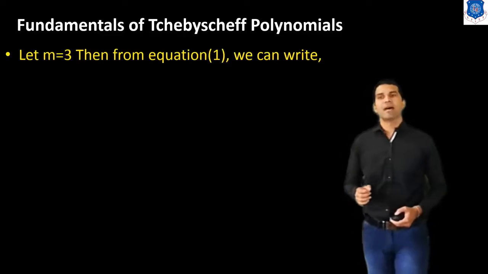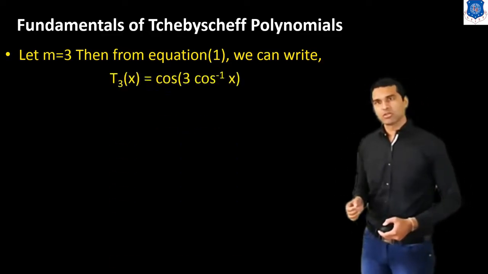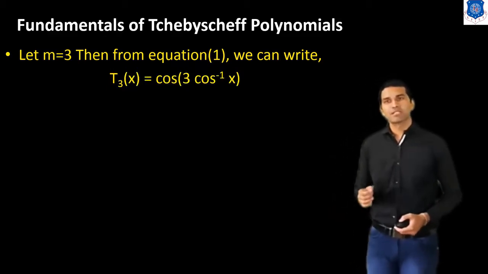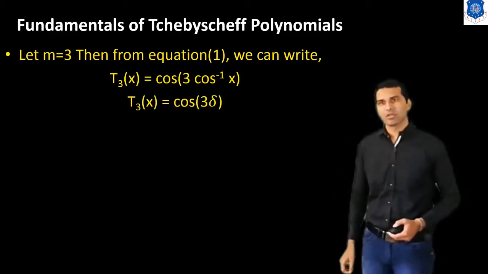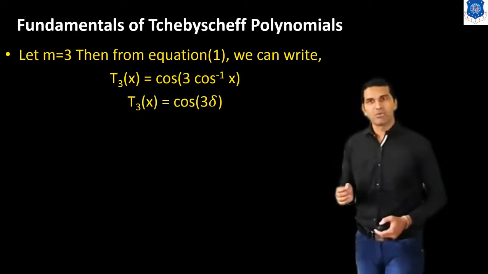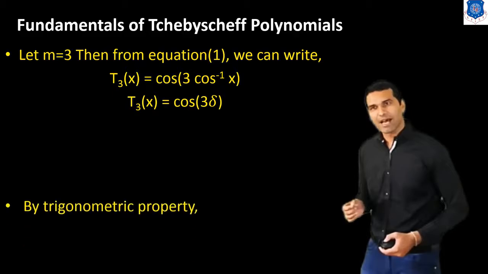Now we consider m equals 3. So it becomes T3(x) equals cos(3 cos inverse x). Considering cos inverse x equals delta, we write cos 3 delta.